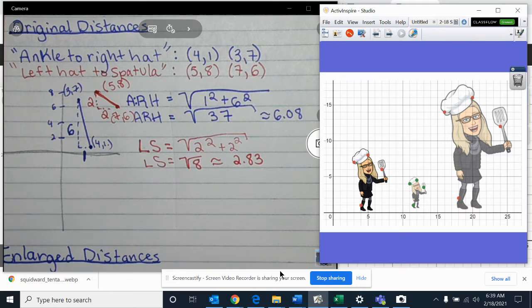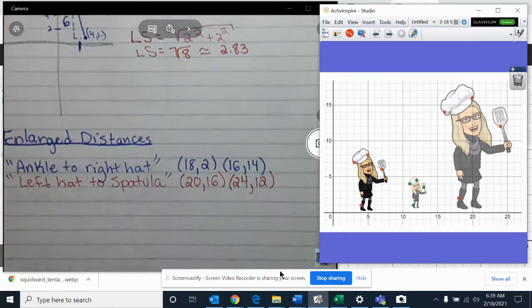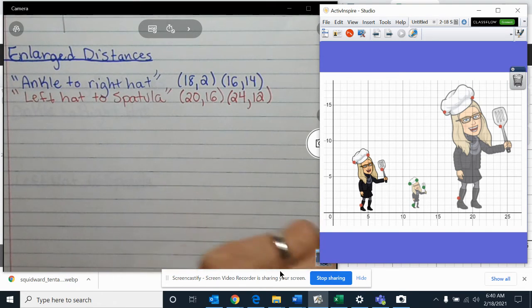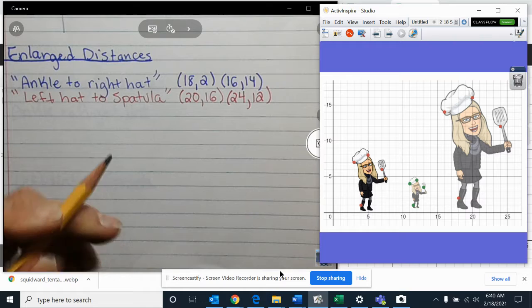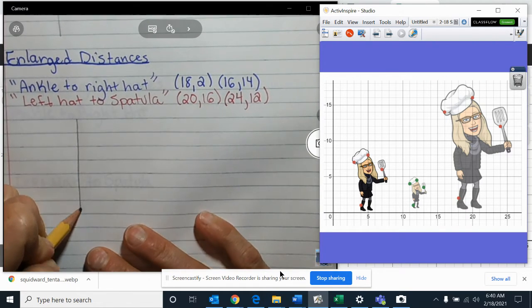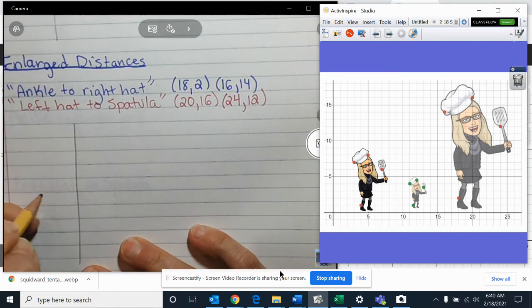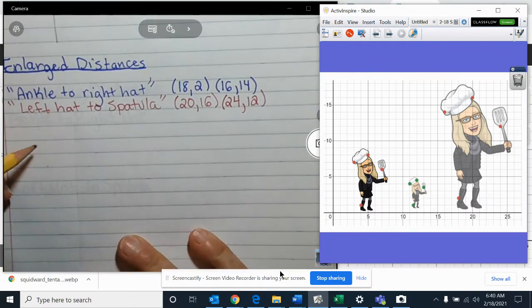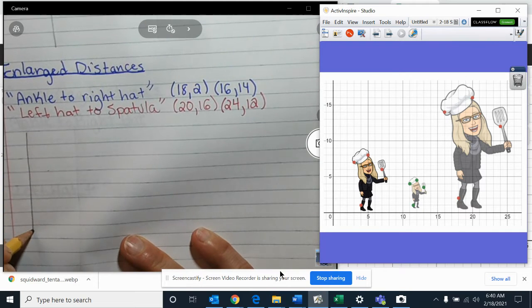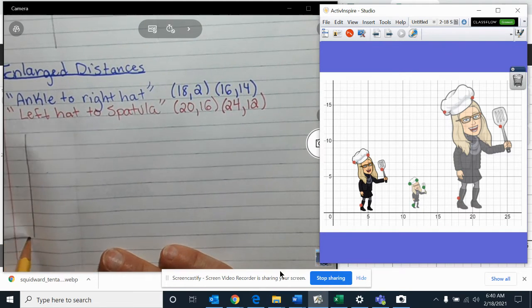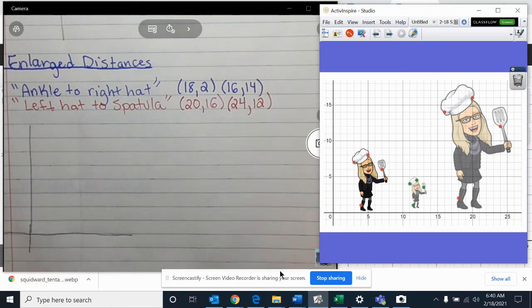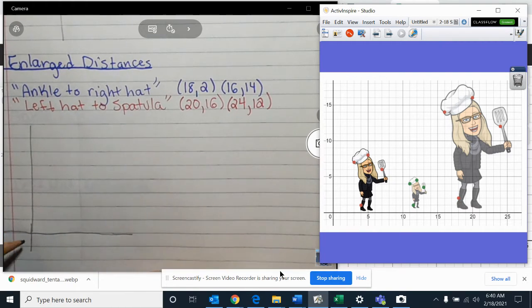Now let's keep going and look at the enlarged distances. So again, drawing our T. Move it over a little bit. Let's notice all of our points are positive. So I'm going to create more of an L shaped graph than a T. And then I'm going to space some of these pieces out.